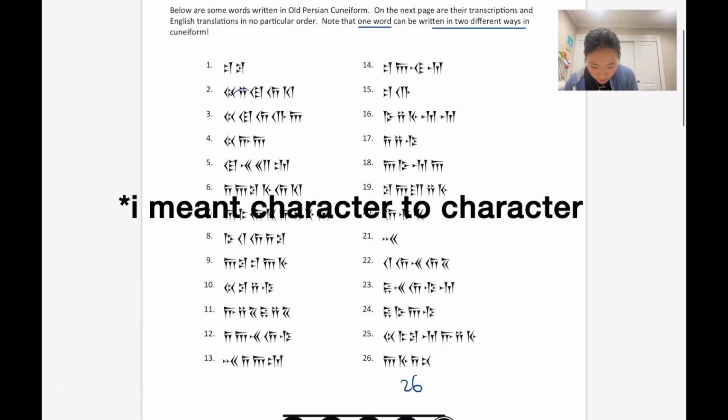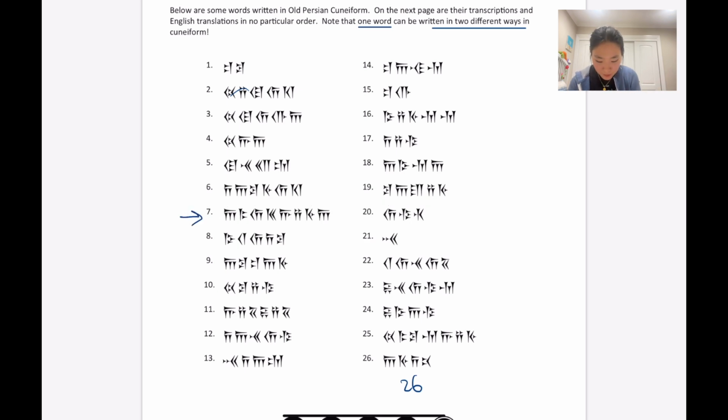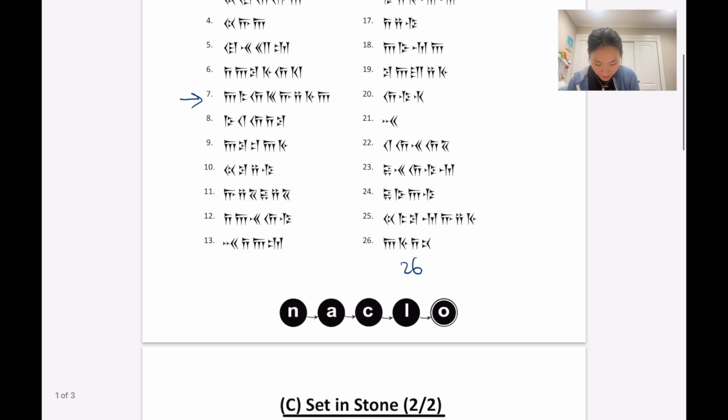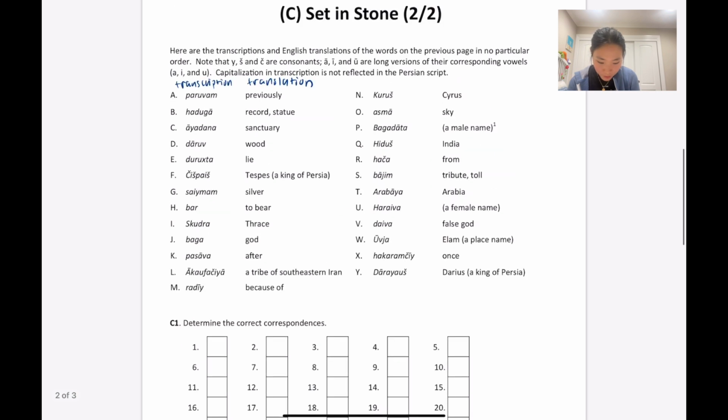Notice how our longest symbols has 1, 2, 3, 4, 5, 6, 7, 8 symbols. Our longest words have 1, 2, 3, 4. Okay, that's pretty good. But our longest word, HAKARAMC with a little thingy, IY, has way more than 8 letters. And so it's probably not a letter to letter transcription.